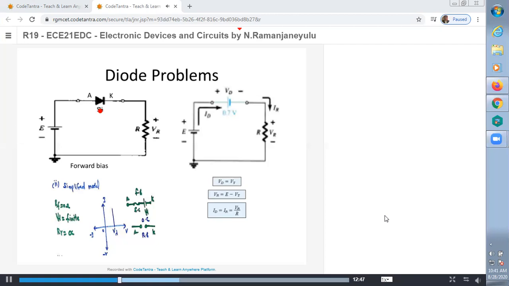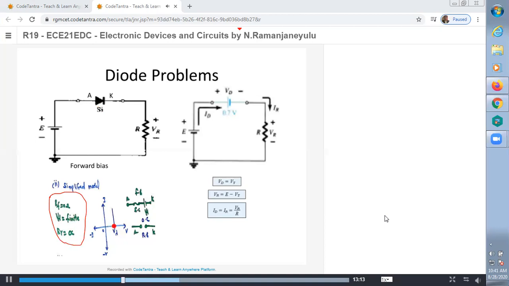Here I am assuming this diode model with these characteristics: RF is equal to 0 ohm, V gamma is finite, and RR is infinite ohms.